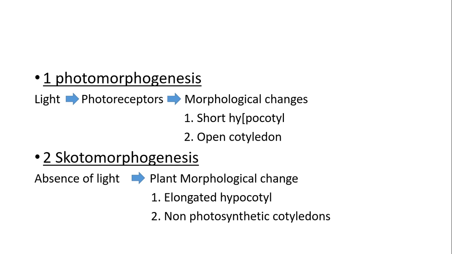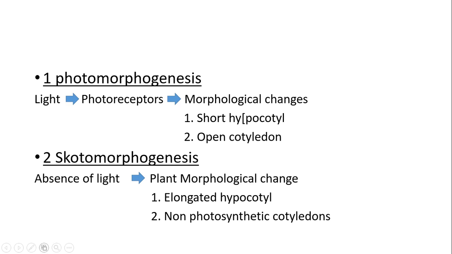There will be some signal mechanisms, and the plant will undergo certain morphological changes based on the signal, or based on the photoreceptors, or based on the wavelength of light, whether it is blue light or another. They will mediate certain morphological responses. So the light mediated morphological responses can be of two types.